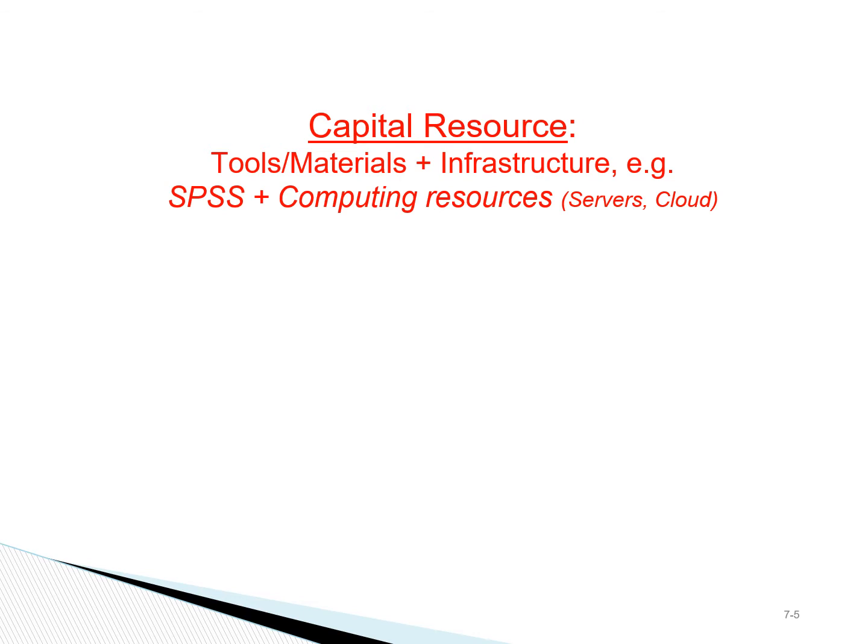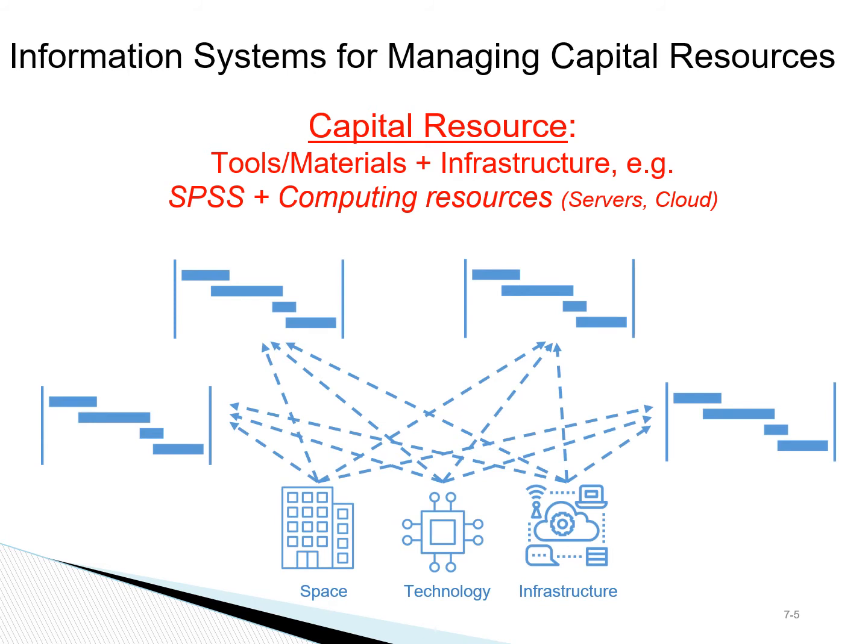Similarly, space, the physical space, the offices and places, and also the technology that is used by projects are all capital resources. And these capital resources are best managed across the organization when we have the information about all the projects that use those resources.